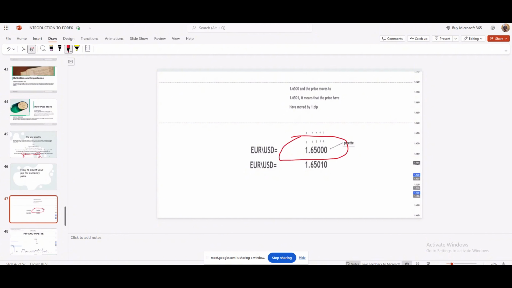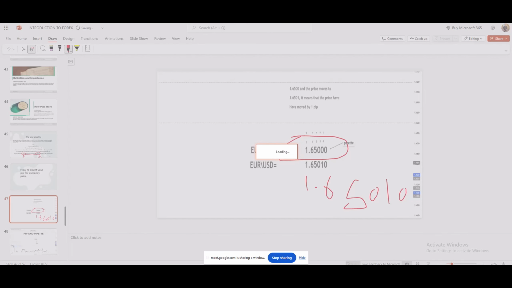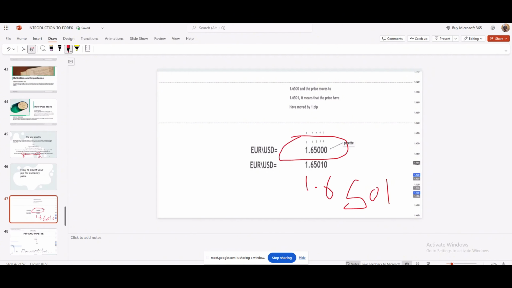That's the current price of EUR/USD. And now the price changed from 1.6500 to 1.65010. The price increased, right? This increase in price is what we call a pip. Hope we understand.